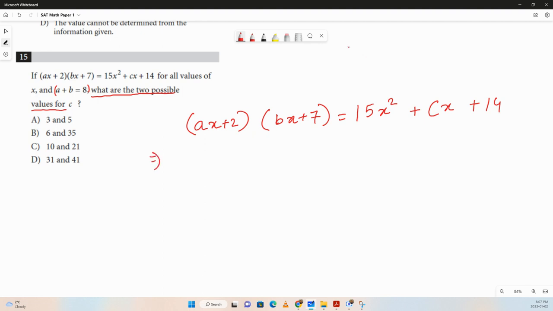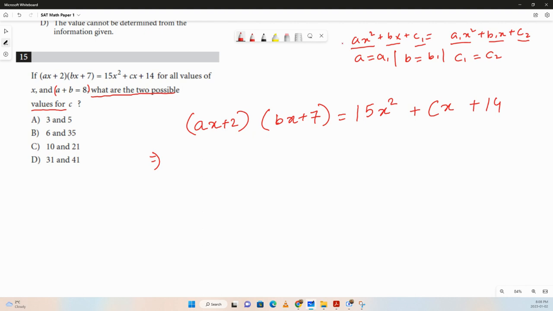The concept here is if you have ax square plus bx plus c1 equals a1x square plus b1x plus c2, then we can compare the coefficients. So ax square is equal to a1x square, so a must be equal to a1. Similarly, bx and b1x are on the other side, so b must be equal to b1, and the constant must be equal, so c1 must be equal to c2.